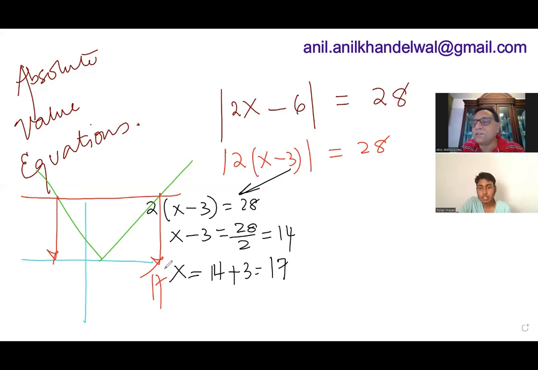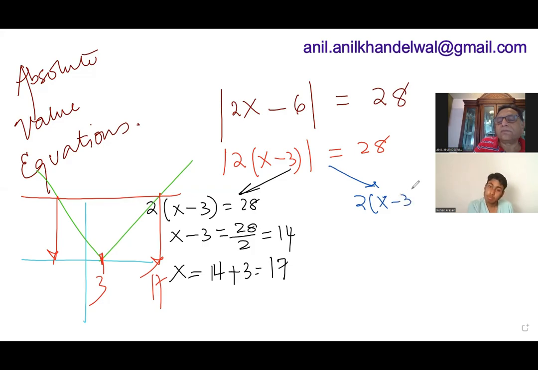See, the absolute function is defined as positive or negative on either side of its vertex. The vertex this time is at 3, correct? So when the value is below 3, it is the negative of the absolute value, right? Therefore, we should solve another equation, which is 2 times (x minus 3) equals minus 28.